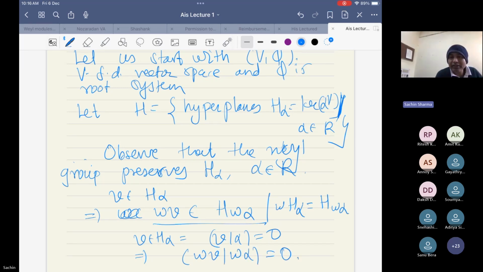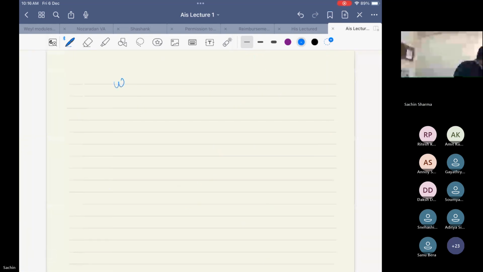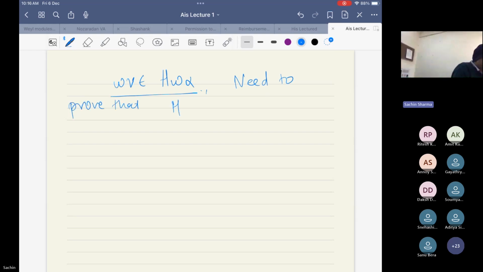Are you fine with that? Because your form is W invariant, right? So that would imply it. What about the converse? We need to prove that, but this is obvious, right?